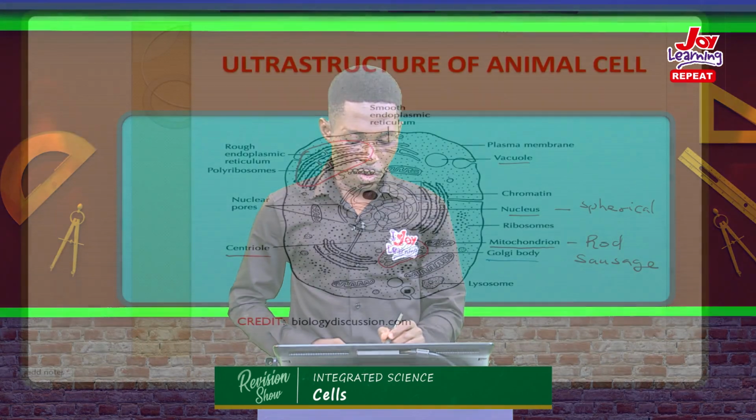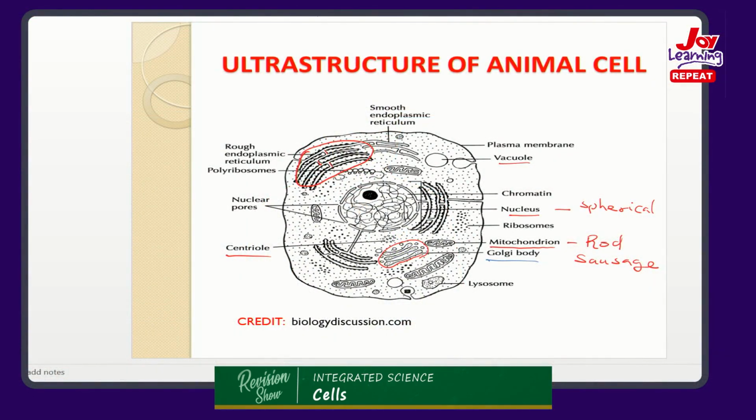Now let's go on with our function of organelles. The chloroplast. Okay, before that, the centriole. I also highlighted the centriole. Watch the centrioles here on the screen. I underline again with a blue one.